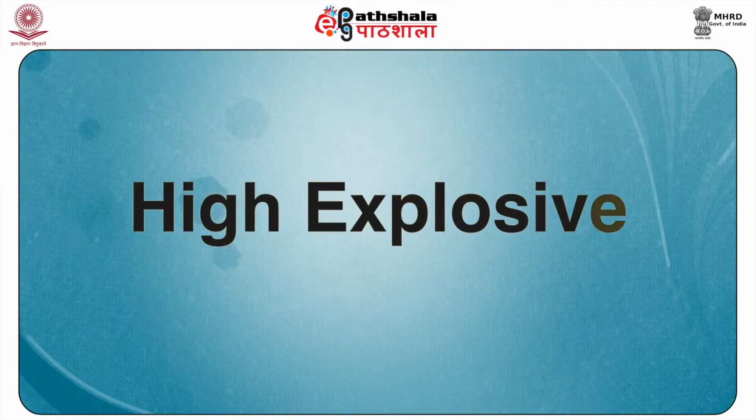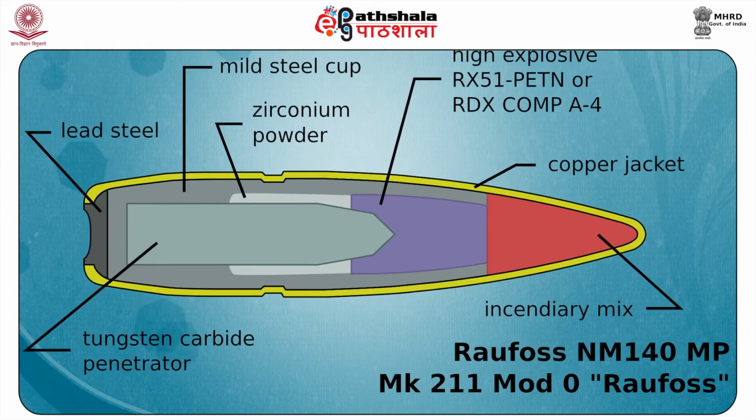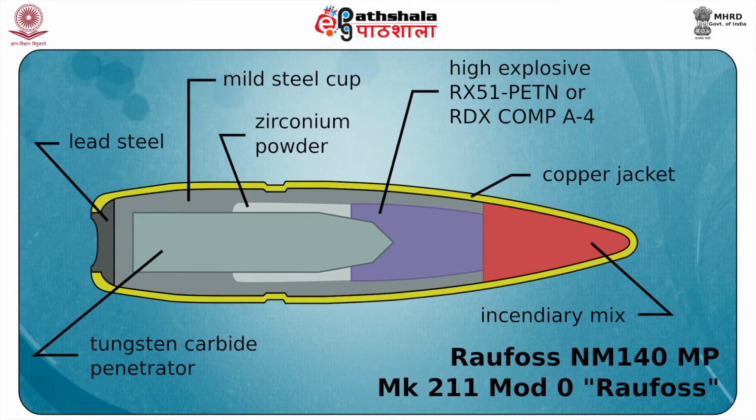High explosives. These are explosives that detonate, meaning that the explosive shock front passes through the material at a supersonic speed. These are commonly used in activities involving mining, demolition, and military applications.